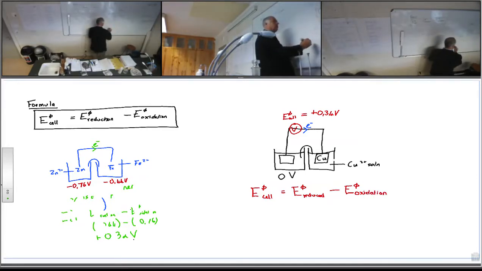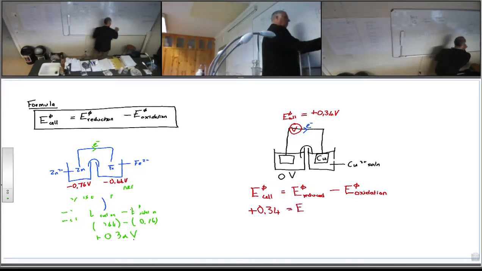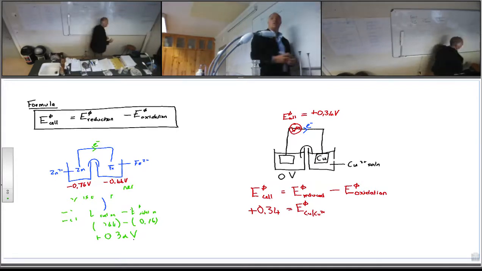What does the E naught cell work out to be? Plus 0.34. That's what it's reading, isn't it? Is equal to the E naught of the one which is reduced, which happens to be the copper 2+. It's been reduced because you can see the needle pointing that way. Right, you happy?